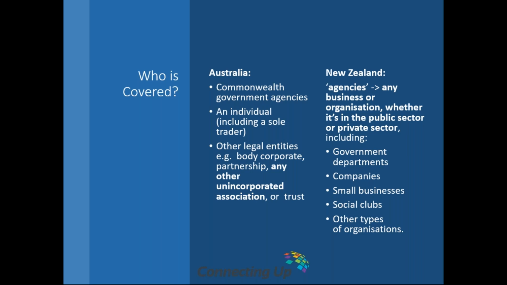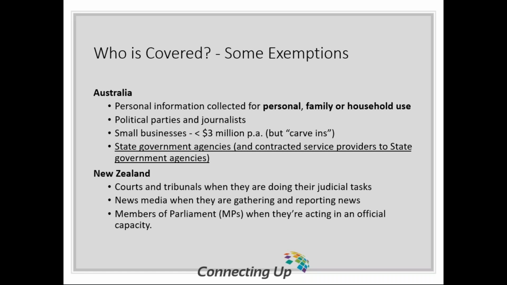Similarly, in New Zealand, they use a slightly different term in their Privacy Act, which they talk about as agencies, but that again has a very broad definition to cover all sorts of different legal entities, including individuals, government departments, companies, social clubs, and any other type of organisation. So there's no exemption per se for charities or for not-for-profits from the Privacy Act. You will be covered.